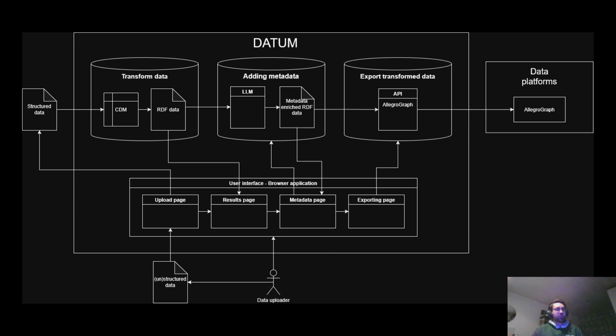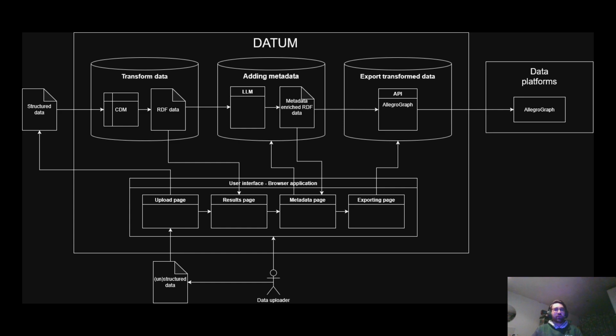And when it's structured, it will go through the CDM, which has defined the RDF structure that will be used. And then it will properly be fit into that CDM structure, and it will be transformed into RDF data. And specifically, it's a turtle format.